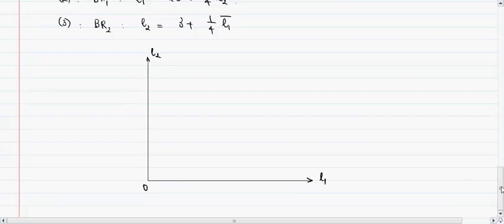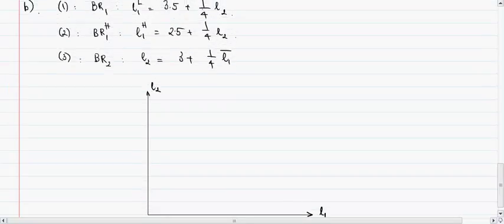Looking at the best response function of player 1, I just have to pick the 2 points on the horizontal and vertical axis and connect them together to get a line.